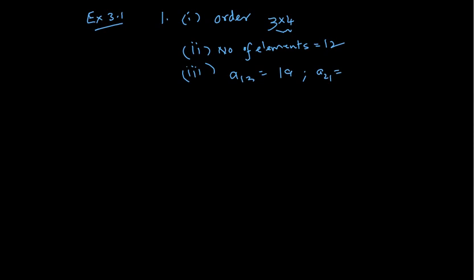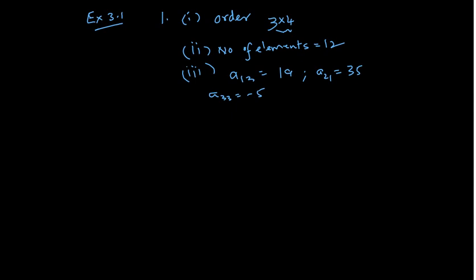Okay, good. Then the next one is A33, third row, third column, -5, isn't it? Then the next one is A24, second row, fourth column, is 12. And the last one is second row, third column, 5 by 2. So those are the answers for the first one.